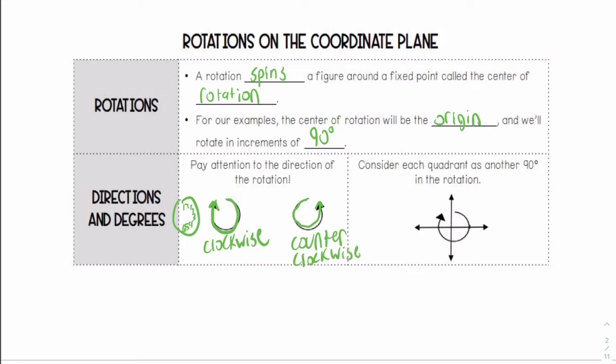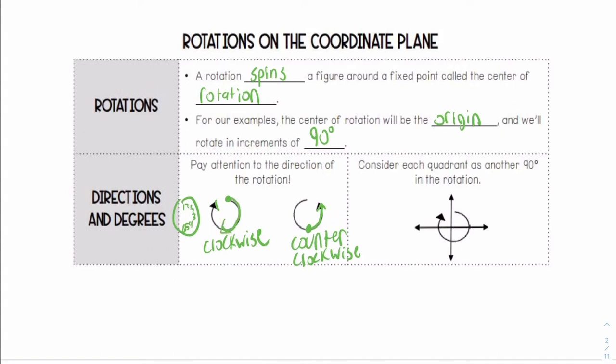The reason why we can't just say spin to the right or spin to the left is because, well, if something is starting right here and we want to turn it counterclockwise, then we would need to continue going that direction. But if we start at the top and we want it to go to the right, that would be in the other direction.